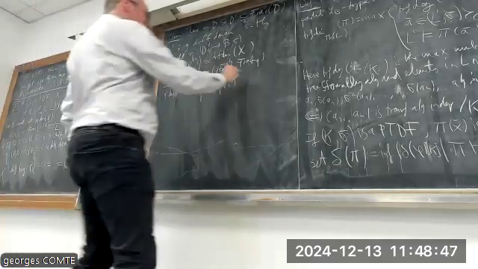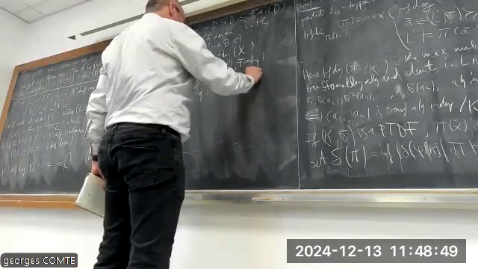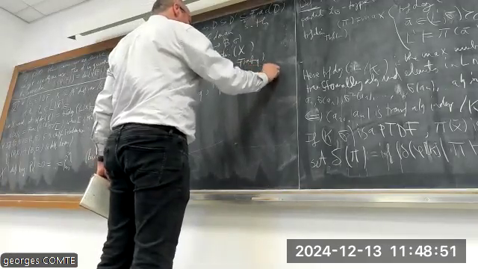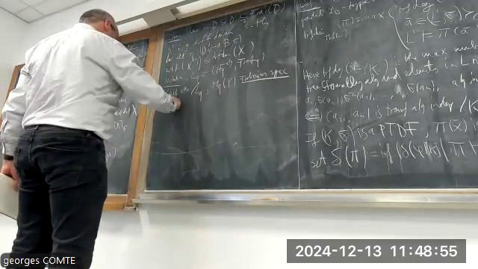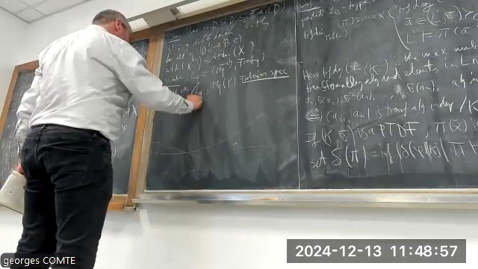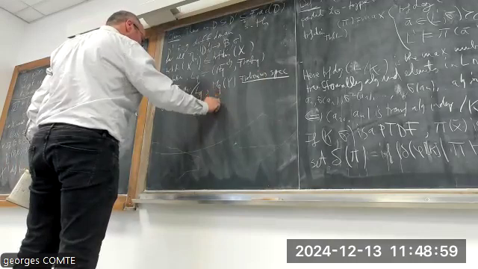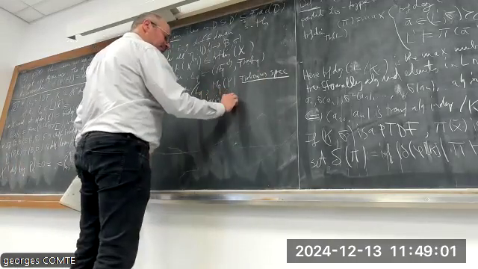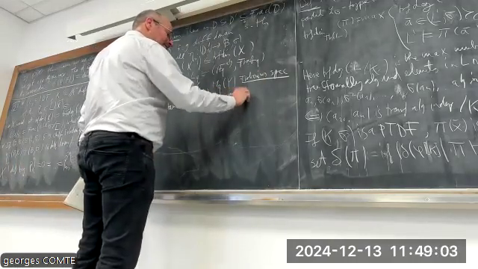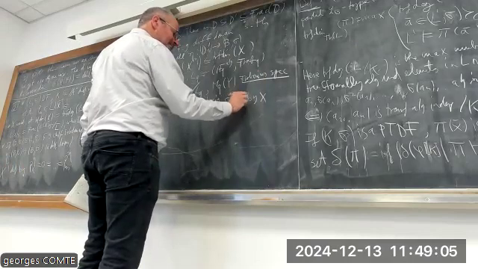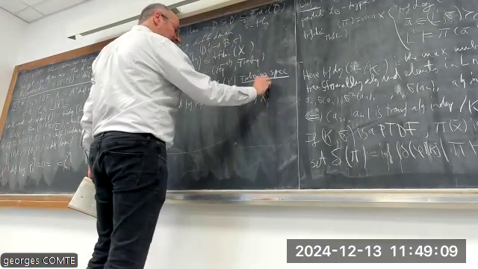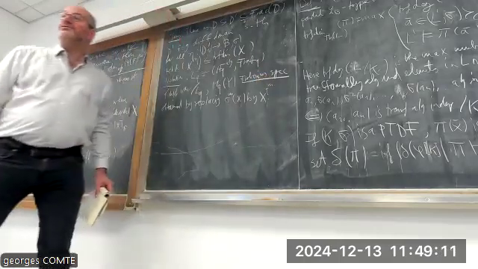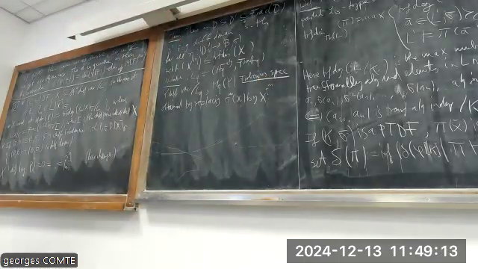This is obtained, the Frobenius specialization, by replacing sigma to the m of x by x to the q to the m. That's what you do. So I replace sigma by Frobenius in my variable.